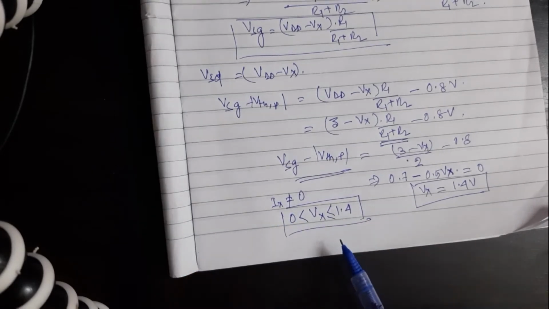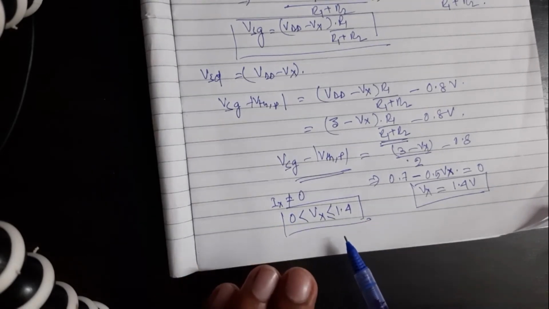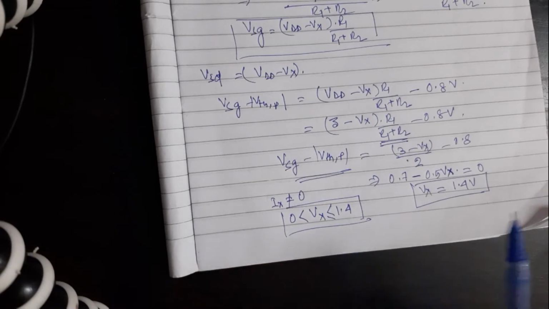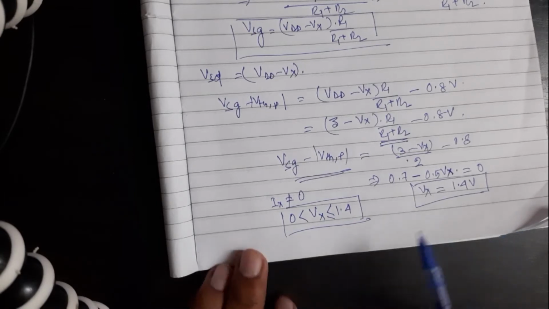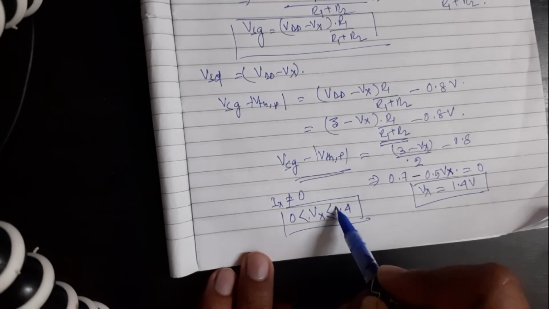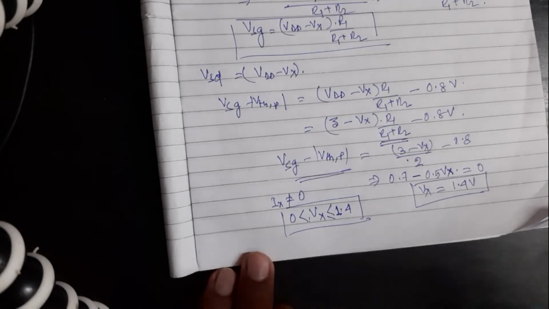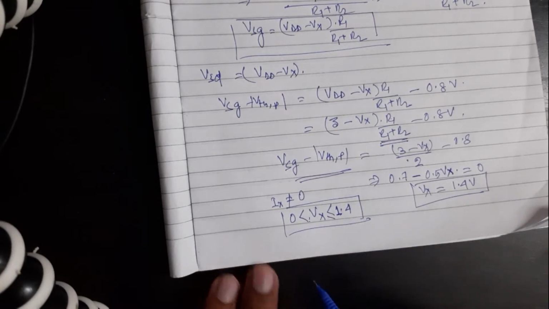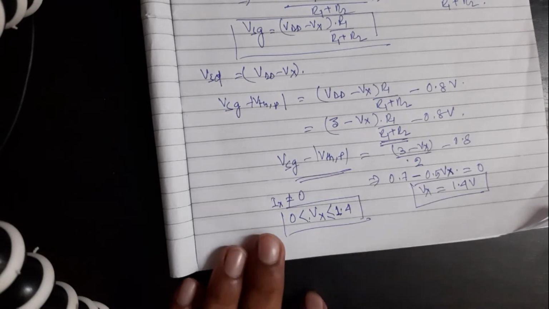Now this current can be a saturation current or a triode current. That will depend upon the trend of VDS and VGS, or in this case VSG and VSD. That is to be seen, but we know that above Vx equal to 1.4, the current will surely go to 0. Why?